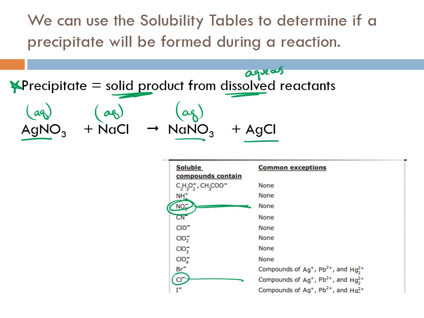What about silver chloride? So I go here to chlorine and notice that silver is one of my exceptions. So usually chlorides are soluble except if chloride is with silver. So this guy is going to be insoluble. That means it's not going to dissolve. It cannot be aqueous if it's not dissolved.